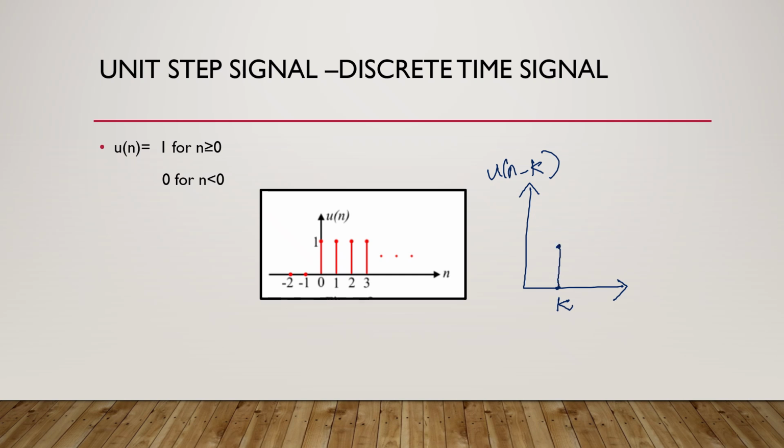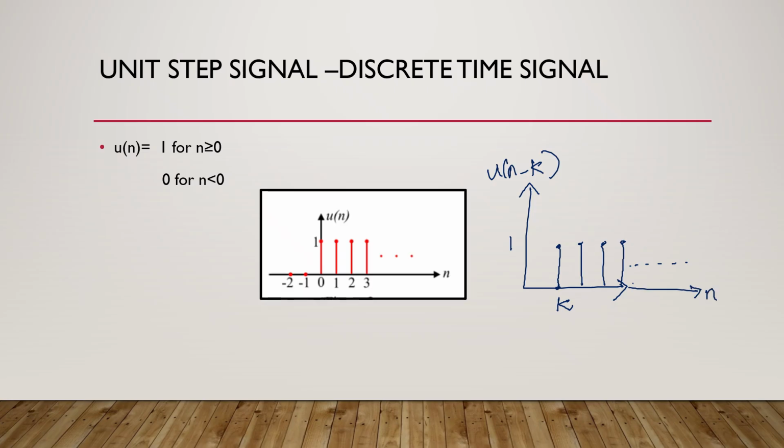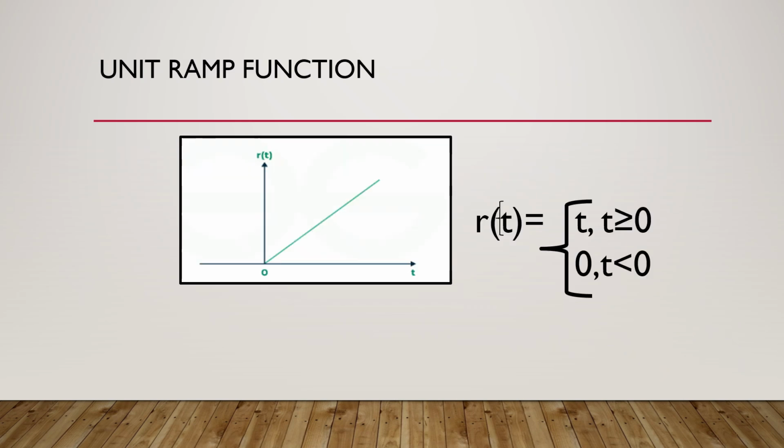From k, the amplitude will be equal to 1 for n greater than or equal to k, and the x-axis will be here. How can we write it mathematically? u of n minus k is equal to 1 for n greater than or equal to k and 0 for n less than k. This is the discrete time unit step signal.